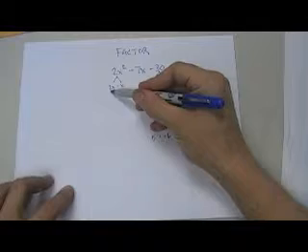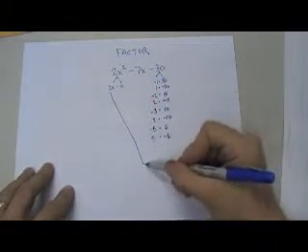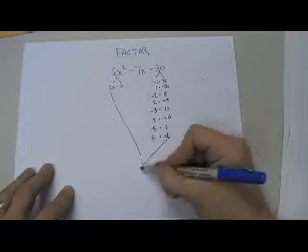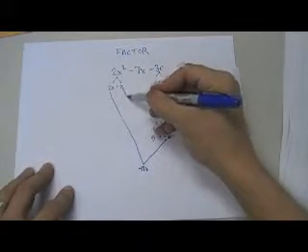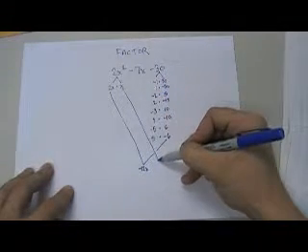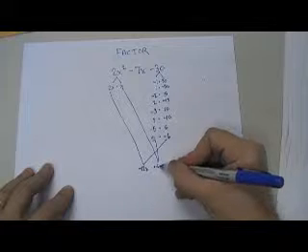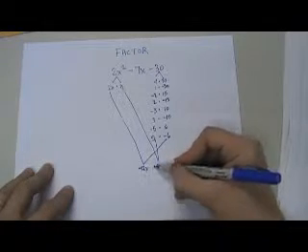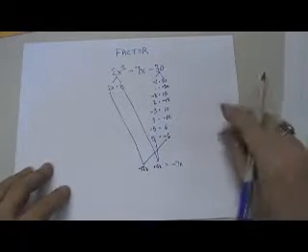So it'll be 2 times negative 6 gives me negative 12x, and then x times 5 gives me positive 5x, and negative 12x plus 5x gives me negative 7x.